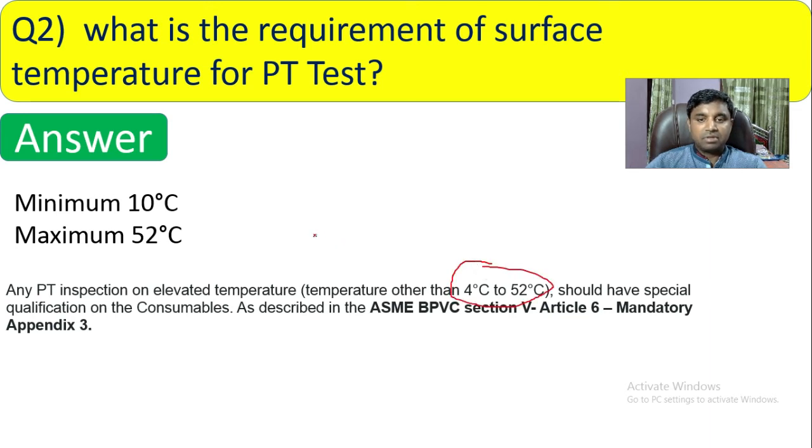But sometimes the client mentions 10 degrees or below 10 degrees, and sometimes it is not mentioned in your client document, so you always have to follow the client requirement, 10 degrees centigrade to 52 degrees centigrade. This is the PT test surface temperature.